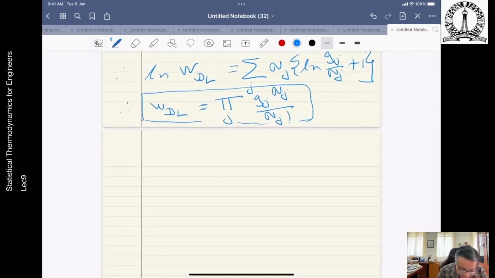We can call this the Boltzmanns, coming from Boltzmann, so Maxwell and Boltzmann basically.